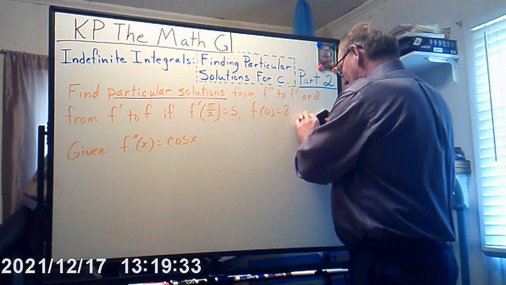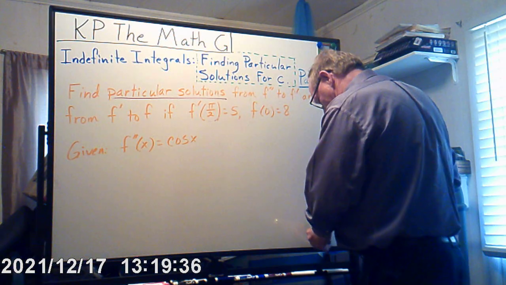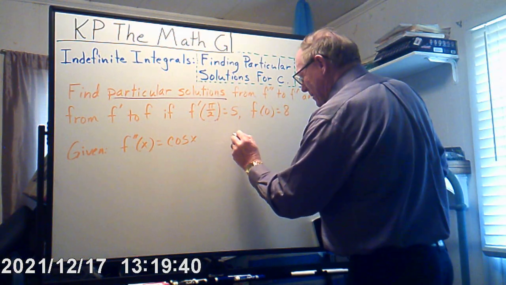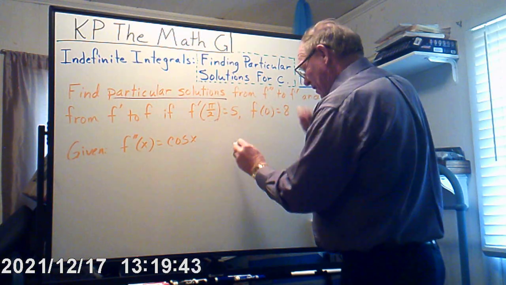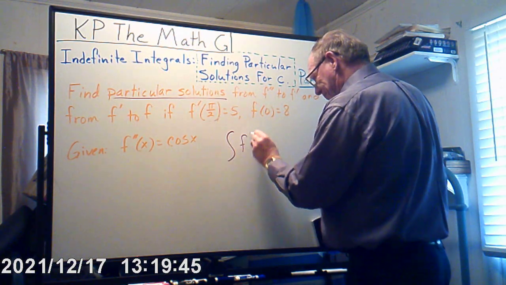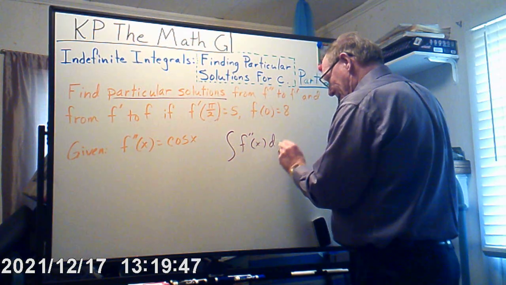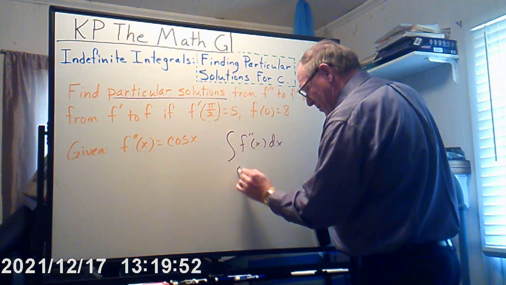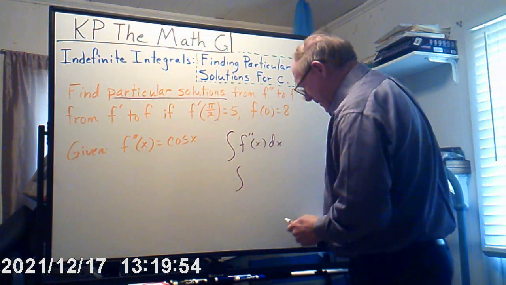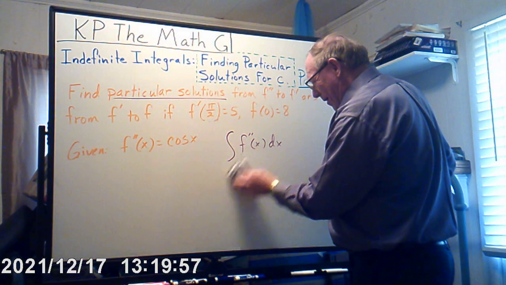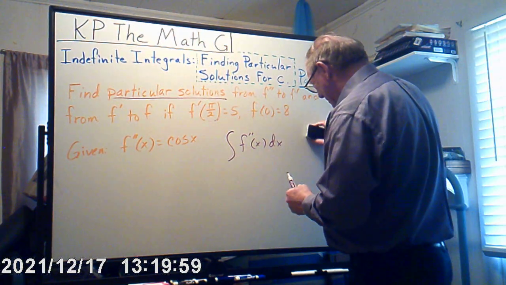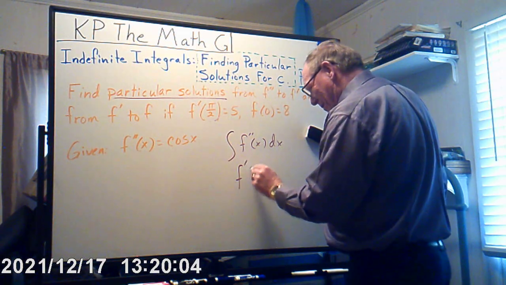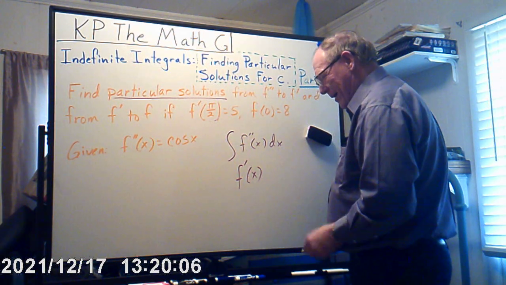A little bit of a reminder about what we're trying to do: we start off with f double prime, and if you take the antiderivative of that, you get f prime of x, plus c.